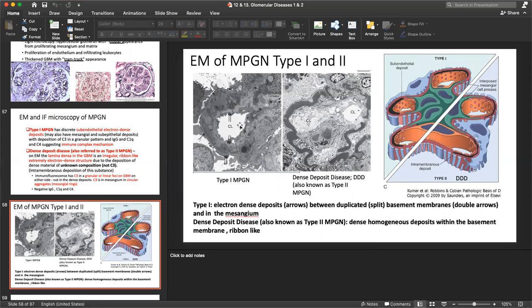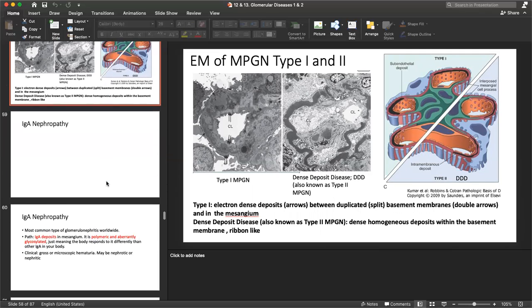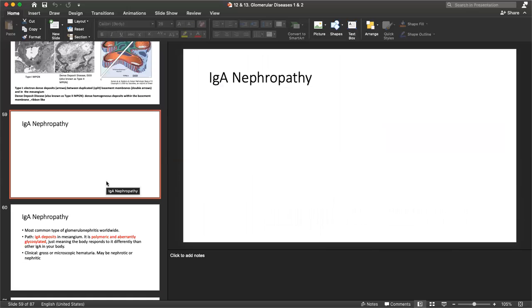Dense deposit disease is going to have dense homogeneous deposits in the basement membrane that are kind of ribbon-like. So see, it kind of looks like a ribbon.